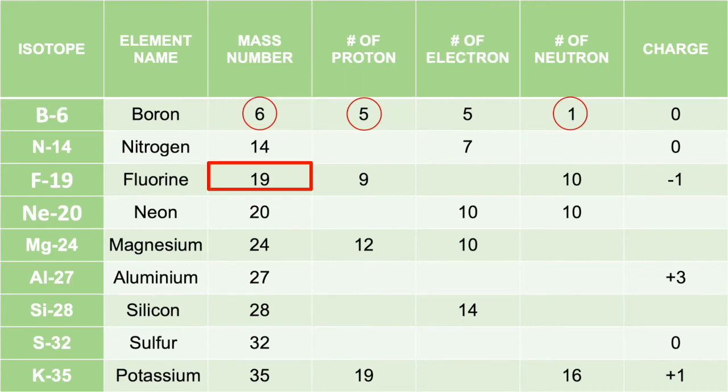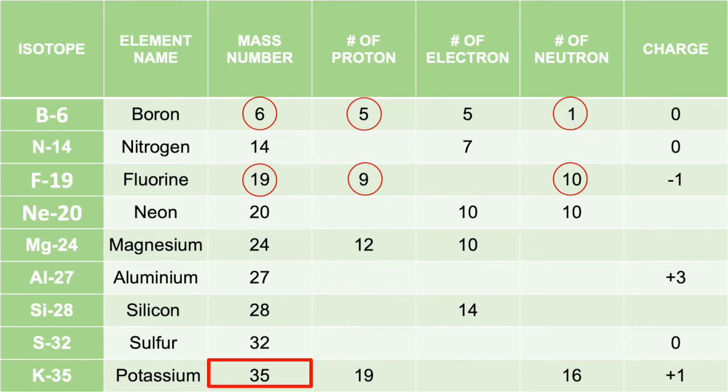Let us try fluorine with a mass number of 19. So our fluorine has 9 protons plus 10 neutrons. We get 19. So 19 is the mass number of our fluorine. Let us check for potassium.